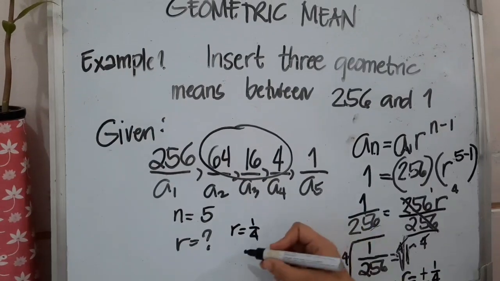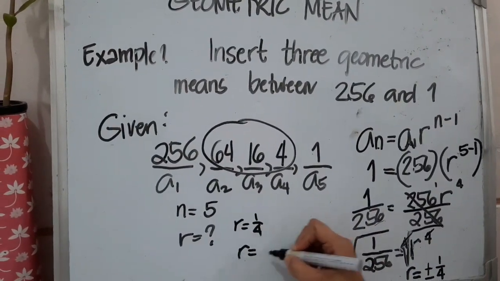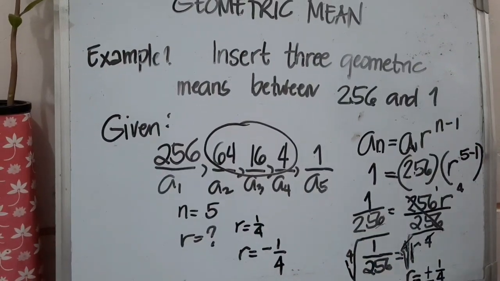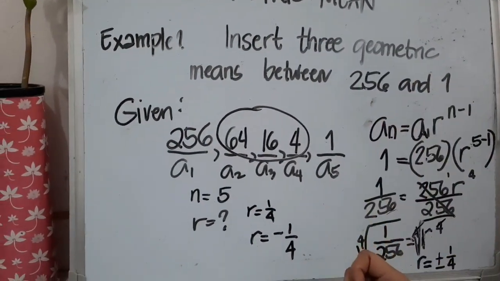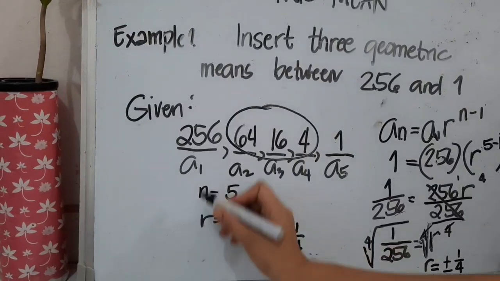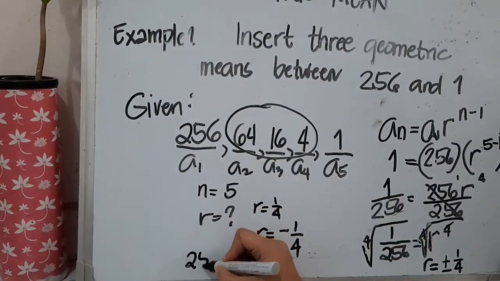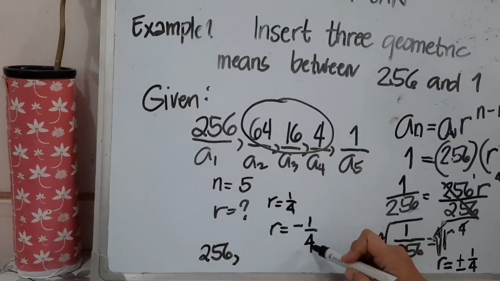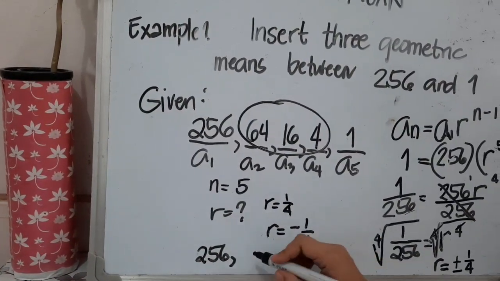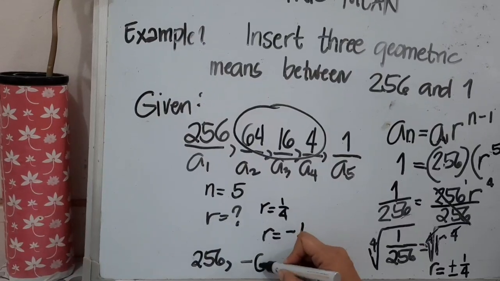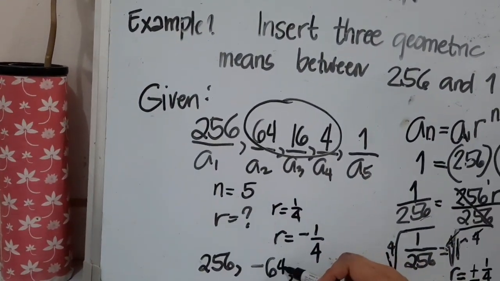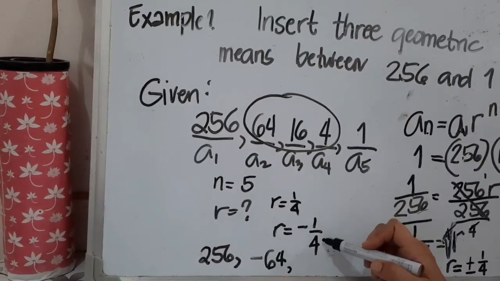How about if our ratio is negative 1/4? We will be getting another set of geometric means. Our first term 256 multiplied by negative 1/4 will become negative 64. Next one, negative 64 times negative 1/4.